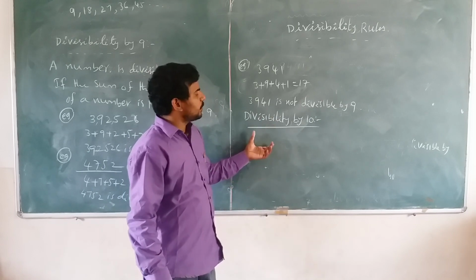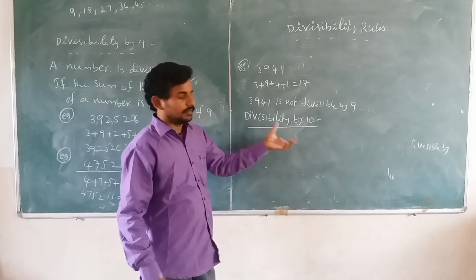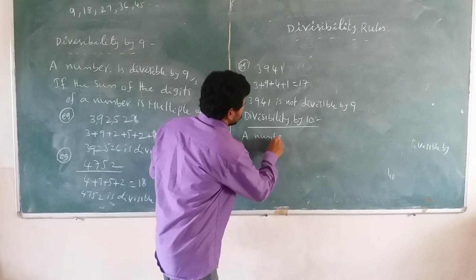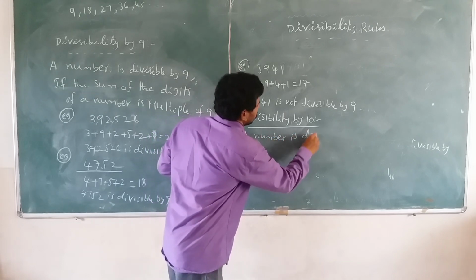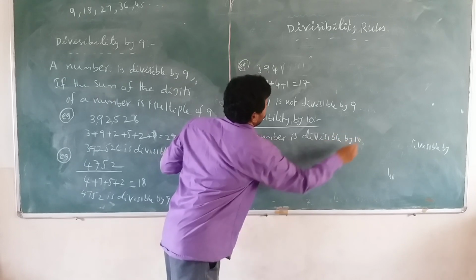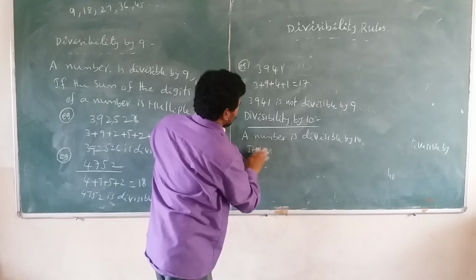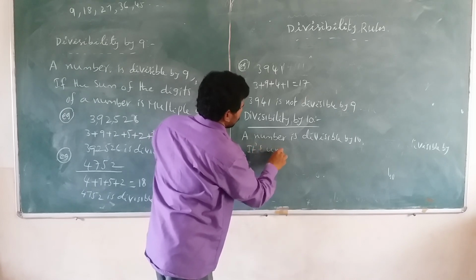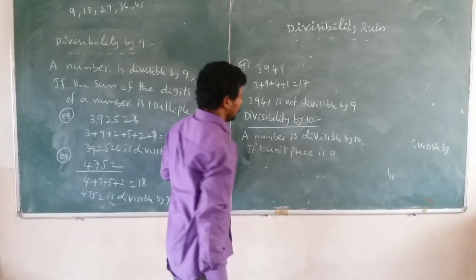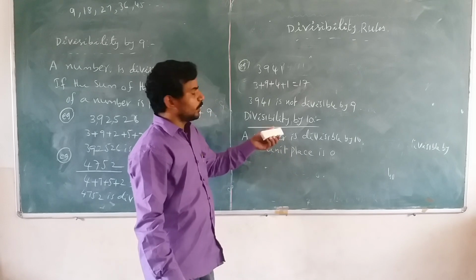A number is divisible by 10 if its last digit is 0, or its unit place is 0. The number is divisible by 10.